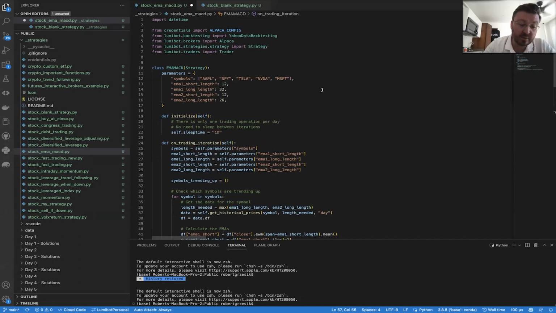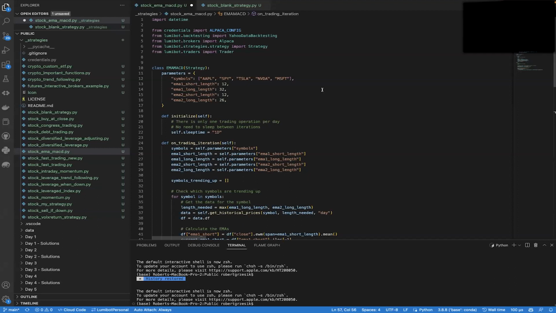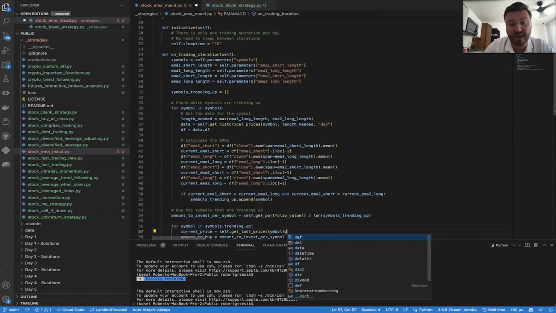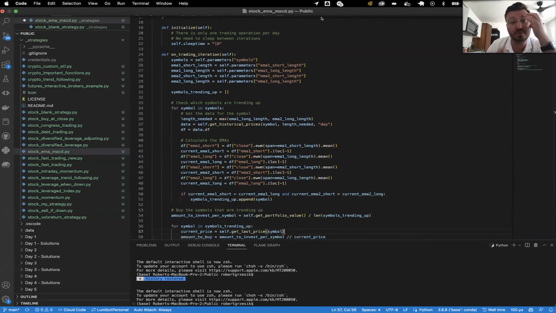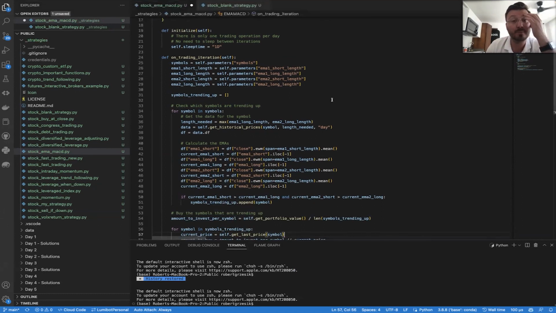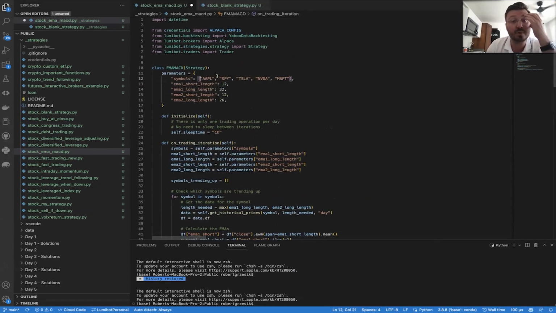I wouldn't recommend doing that personally, because then you're going to be sitting in cash very often. What I would do is take all the money you have and put it into those 5 symbols. Or, if there's less, let's say there's only 2 trending up, then you want to put 50% each. Does that make sense?